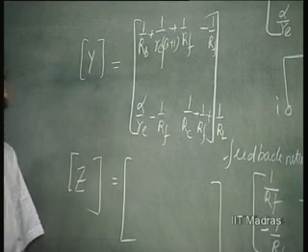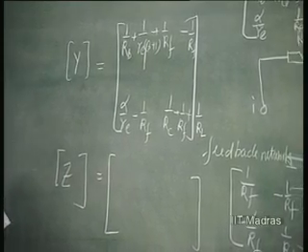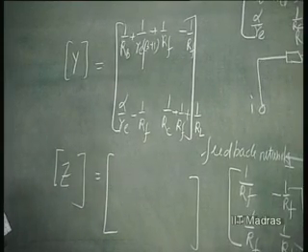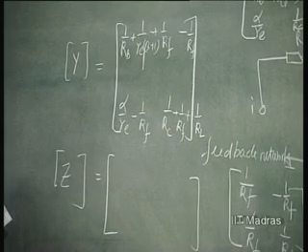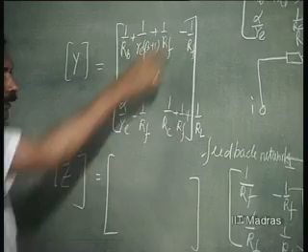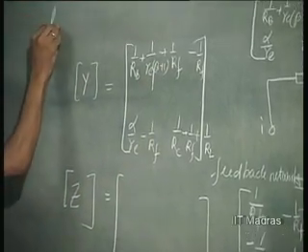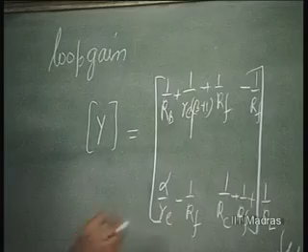Before I convert it into Z, I will have to tell you something. I have to find out that it is negative feedback. It is going to remain negative feedback if this into this, that is the loop gain. What is loop gain?